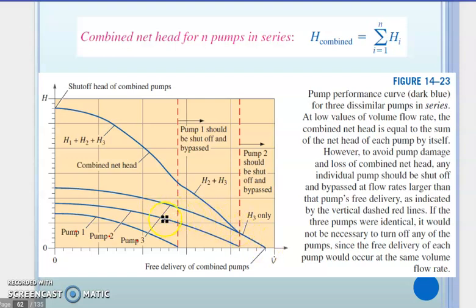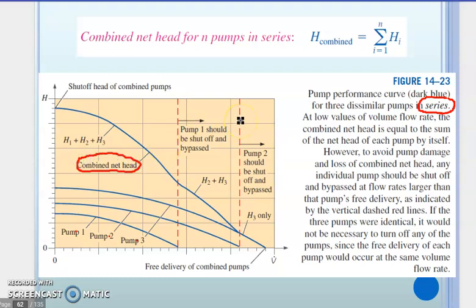Pump number 3 has larger capability compared to pump number 2 and pump number 1. This configuration is in series. What happens when you combine them is that it produces the combined net head.